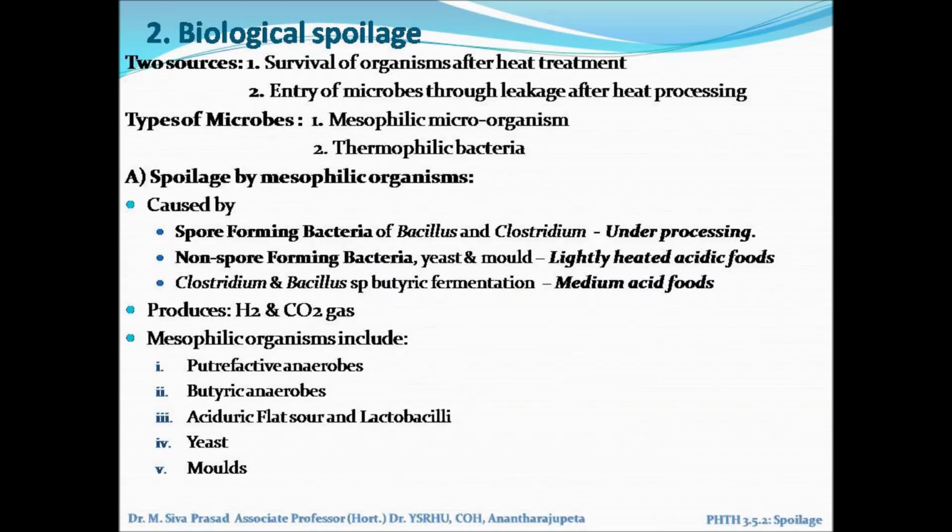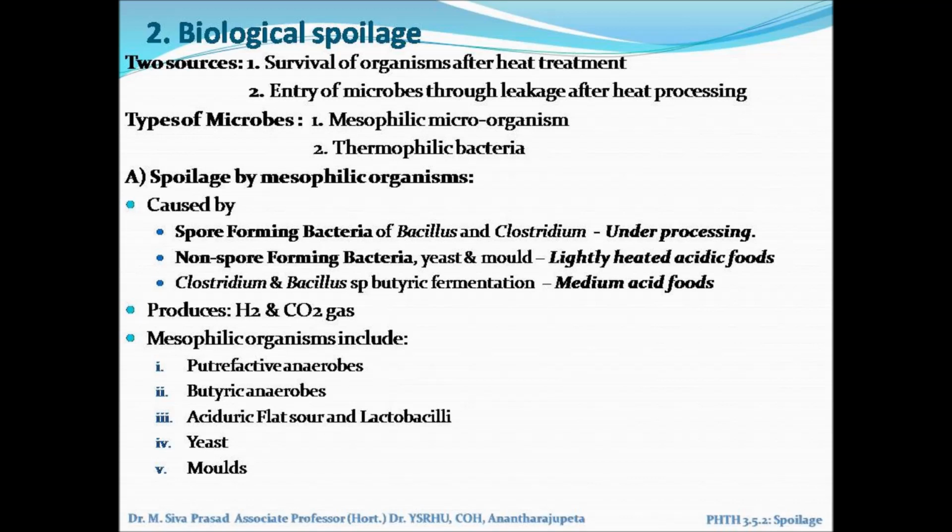Biological spoilage: canned foods are spoiled by two different types of microorganisms. Microbes which can grow at ambient conditions ranging from 25 to 47 degrees Celsius are called mesophilic organisms.